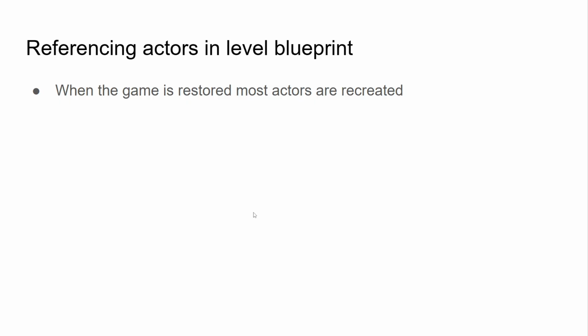This is because, even if you drag and drop the actor reference to the level blueprint, of course, the first time you run that map, it will work normally and find that reference. But the second time, when you have saved the game and restored the game, it will have destroyed that actor, and it will no longer find that actor.